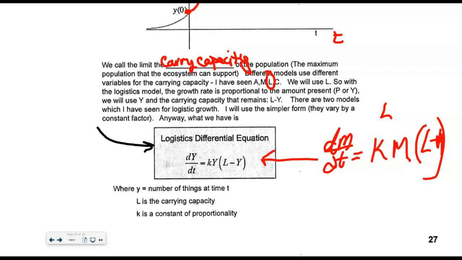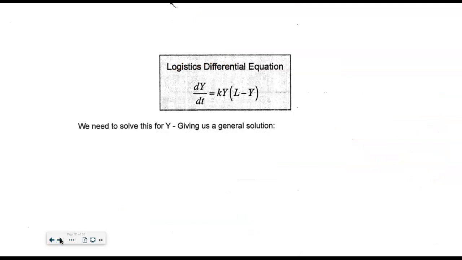Now if I said that that particular national park could only sustain 200 moose, then you need to know to replace the L with a 200. Understanding the model is really important. K is what it's always been. It's a constant of proportionality, some proportionality constant that might need to be found.